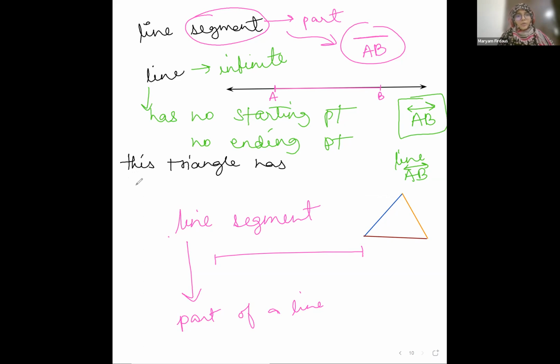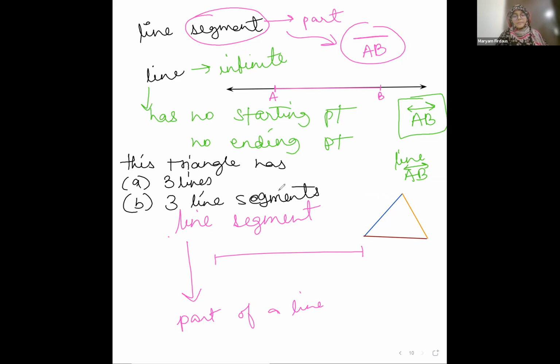You have to choose the correct option. This triangle has A, 3 lines, or B, 3 line segments. Choose your answer carefully. 3 lines.